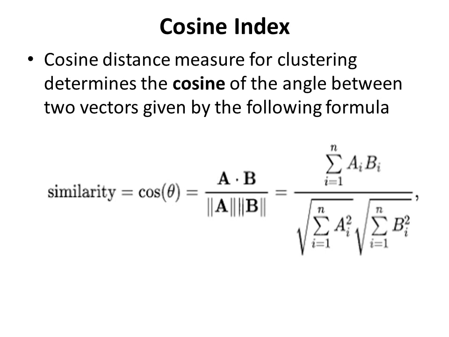Cosine distance measure for clustering determines the cosine of the angle between two vectors given by the following formula.